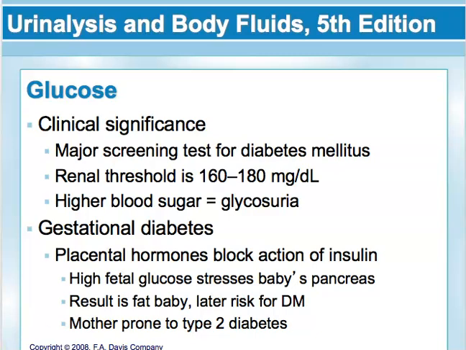So clinical significance: under normal circumstances, almost all of the glucose in the blood should be reabsorbed by the kidneys based on the body's need to maintain an adequate level of glucose, and so urine should only contain minute amounts. Glucose is seen in the urine when the renal threshold for glucose, which is 160 to 180 milligrams per deciliter, is surpassed.